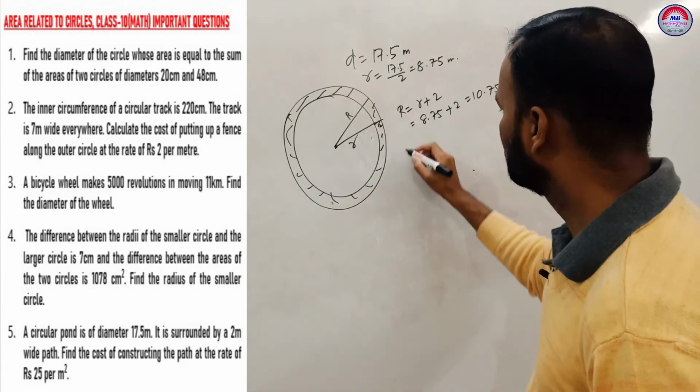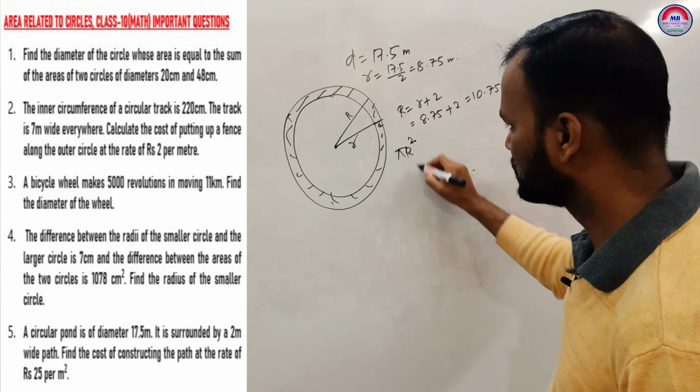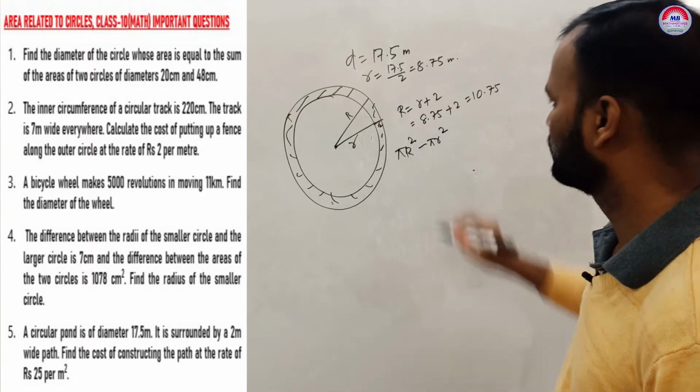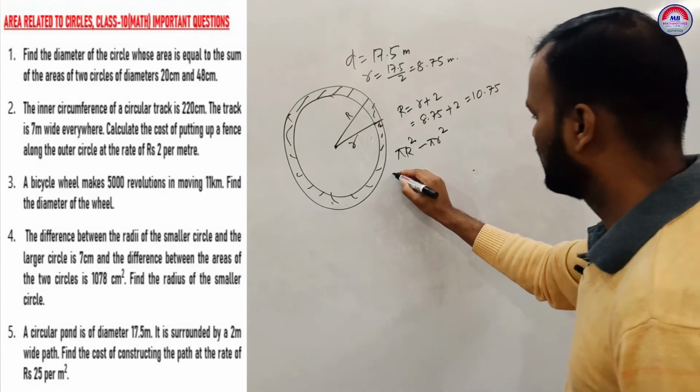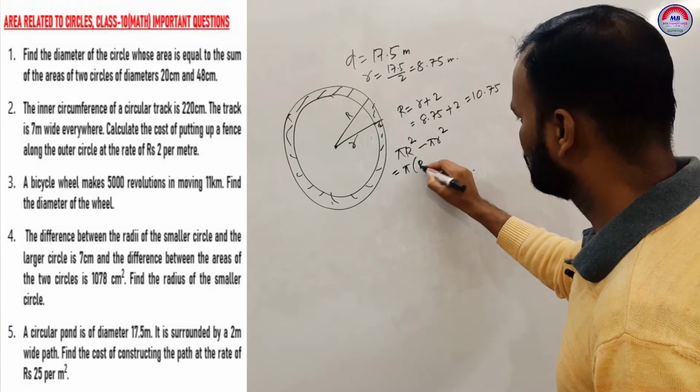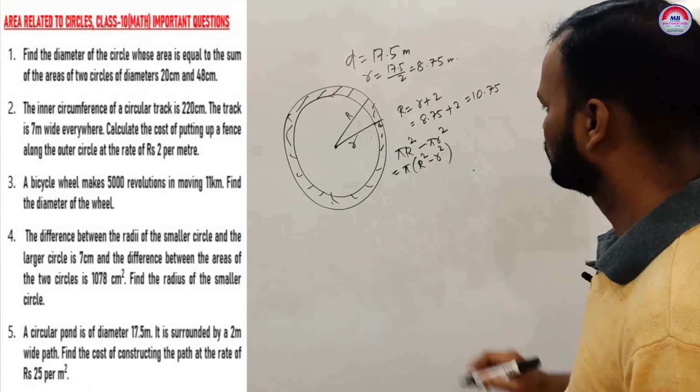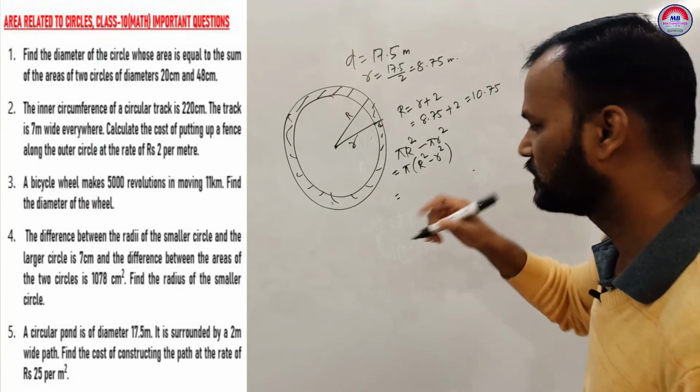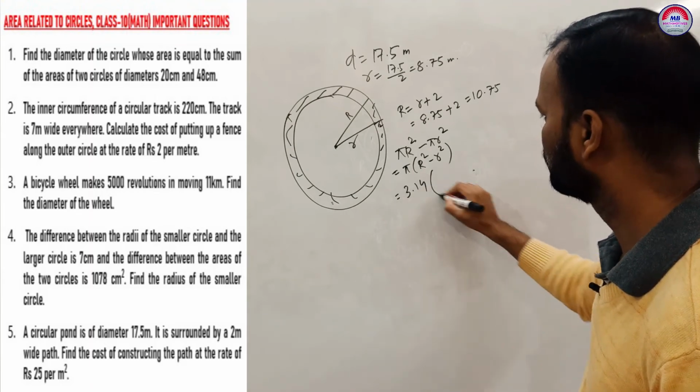So area of this is pi capital R square minus pi small r square. Clear? If you take pi common, that is pi into R square minus r square. Pi you can put as decimal given, 3.14.